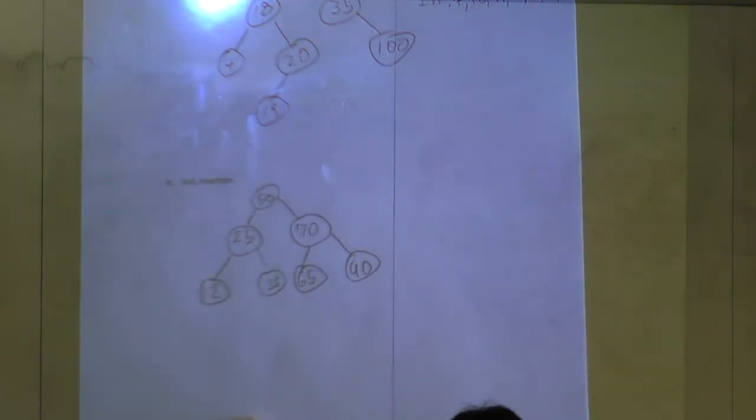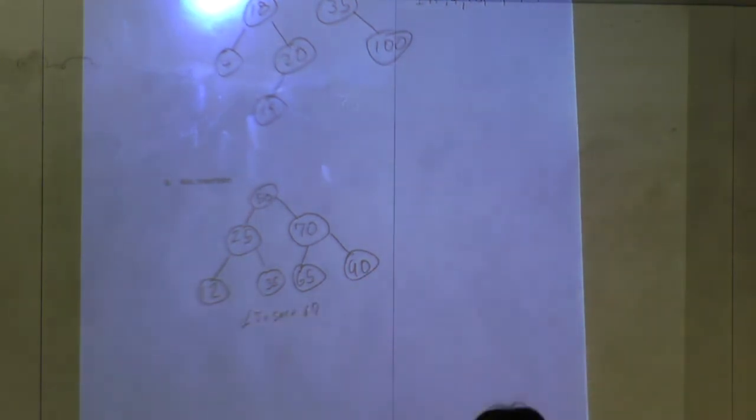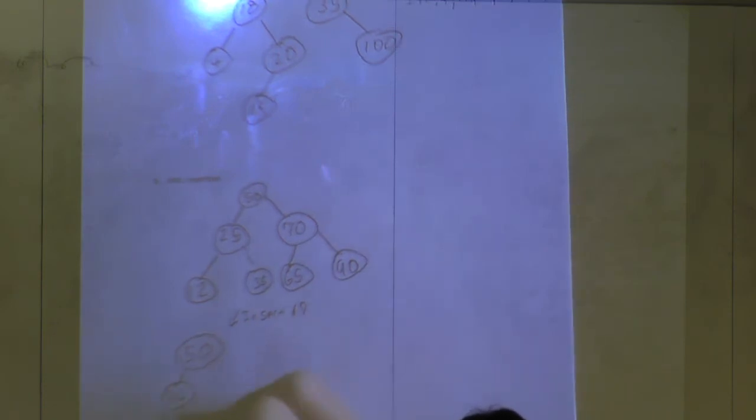Okay, so what we're going to do is we're going to insert 67. So when we do that, we're going to get, oh, that's too small. No, well, 50, 25, 12, 35.